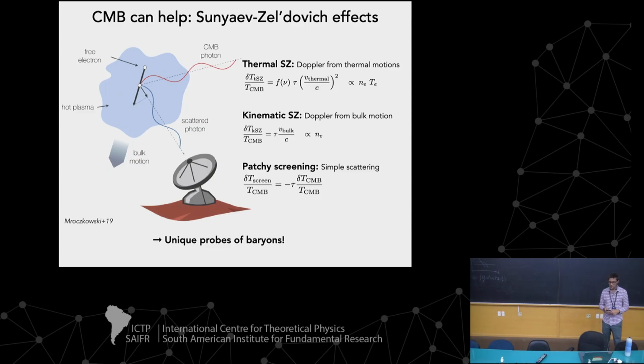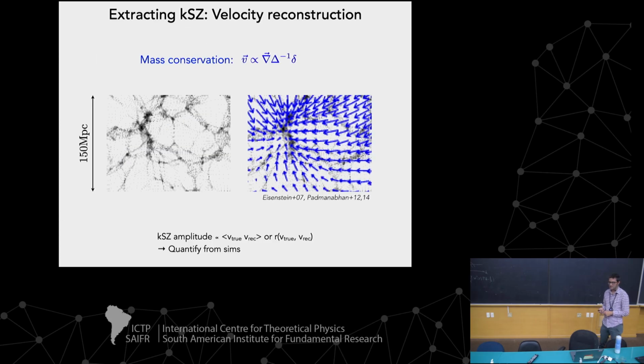So if I want to avoid this cancellation, there's several things I can do. The method that we've been using is called velocity reconstruction from the galaxy density field. And I don't know if you have heard about BAO reconstruction yet, but this is a very similar idea.